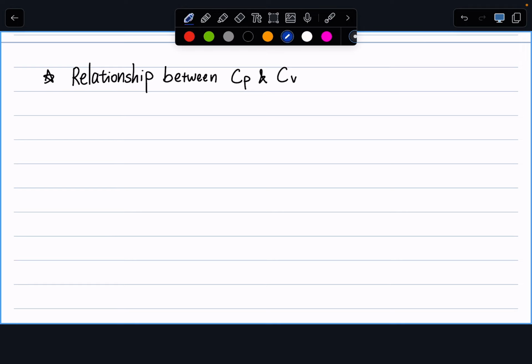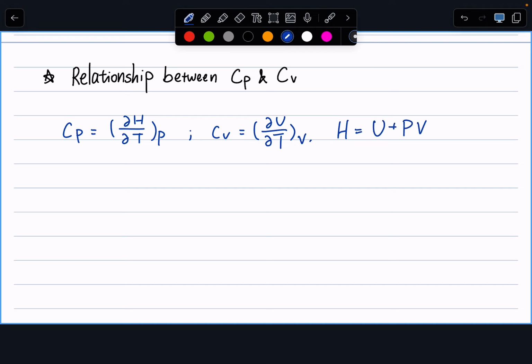So the relationship we'll be using, first of all, let's use Cp, that again equals the partial derivative of enthalpy over temperature at constant pressure. Cv equals the partial derivative of internal energy over temperature at constant volume, and the definition of enthalpy.